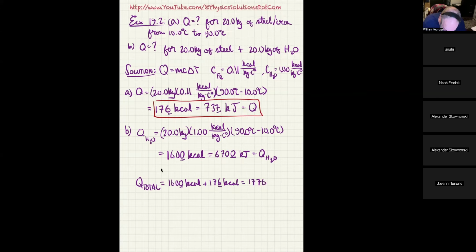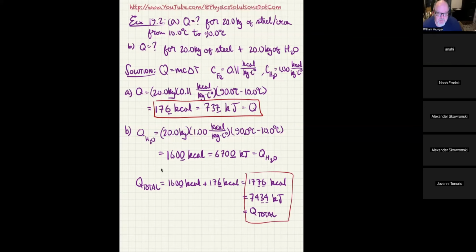But in this case, we only have 2 sig figs to be added, so these last two digits are not significant, and that's in kilocalories, which can also be in kilojoules by multiplying it by 4.186, and that of course gives me 7,434 kilojoules is equal to Q total.